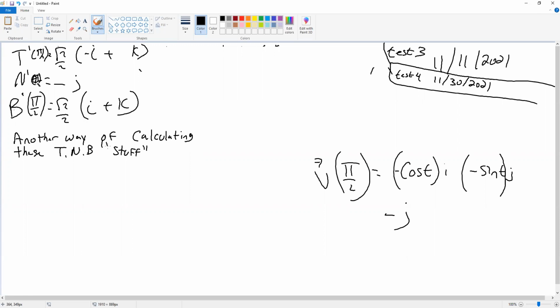So if we just have T and N, or T and B, let's see which one do I have. And calculate. Okay, we did T and B to get N, so let us do T and N to get B. So we're looking for B. We know B is going to be the cross product of T cross N, right?